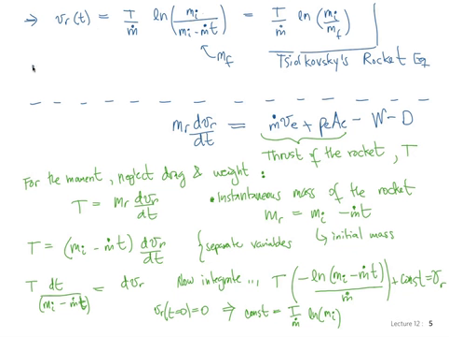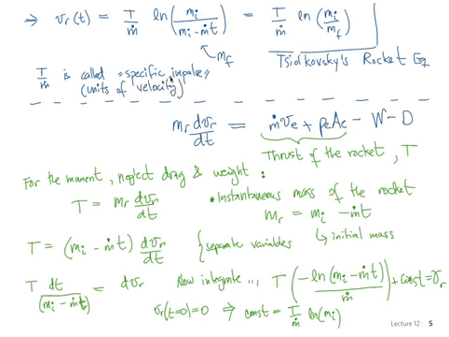And the ratio T over m dot is called the specific impulse. In rocketry, it has units of velocity. Because of course the logarithm of m_i over m_f doesn't have any units. So the specific impulse has units of velocity.